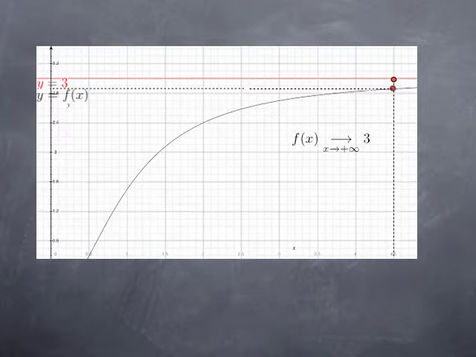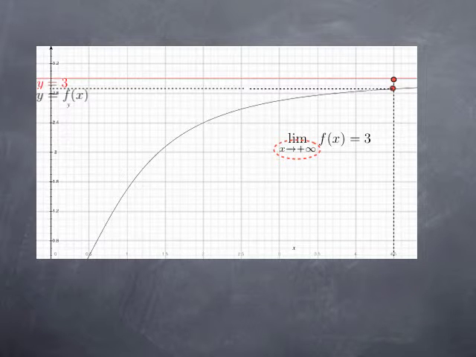So in other words, the values f of x are getting close to 3 as x grows, and this x going to plus infinity is going to be the notation we use to indicate that x grows without bound. Symbolically, we're going to say that the limit when x is approaching positive infinity, meaning when x grows, of f of x is 3.